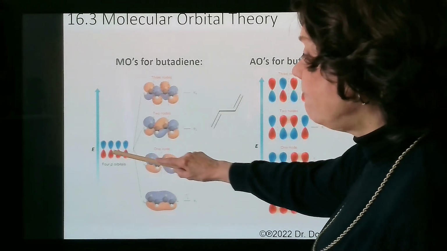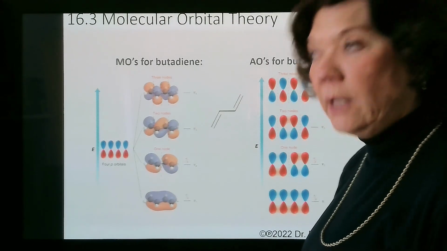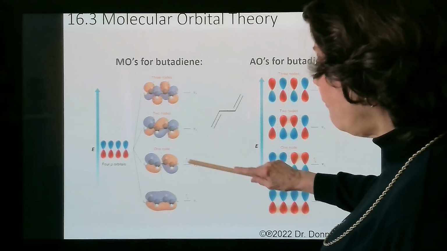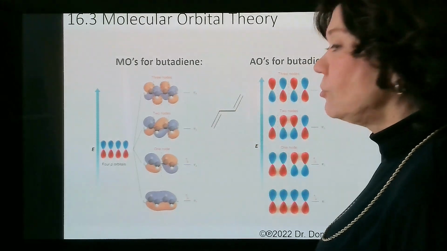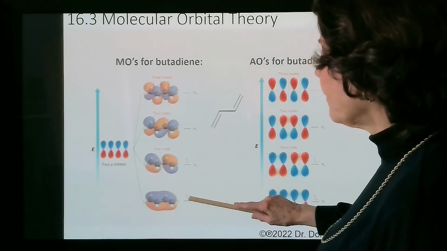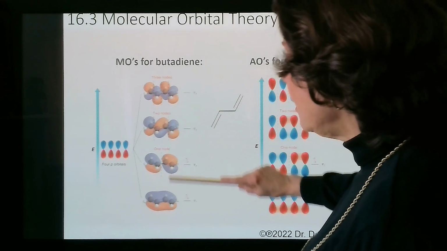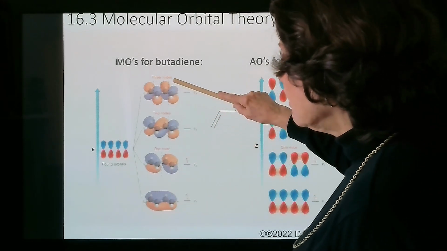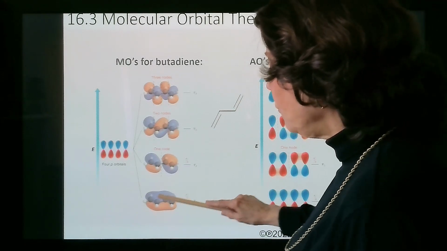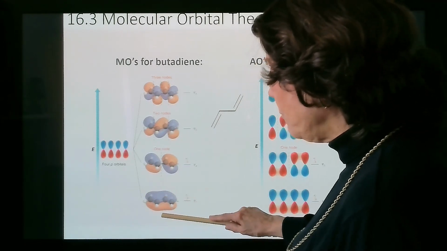So if you have 4 p orbitals going in to form the molecular orbitals, you're going to have 4 molecular orbitals formed. 4 p orbitals, 4 molecular orbitals. And here are those molecular orbitals. You can see as you go up in energy, you will increase the number of nodes. So the most stable molecular orbital has 0 nodes.